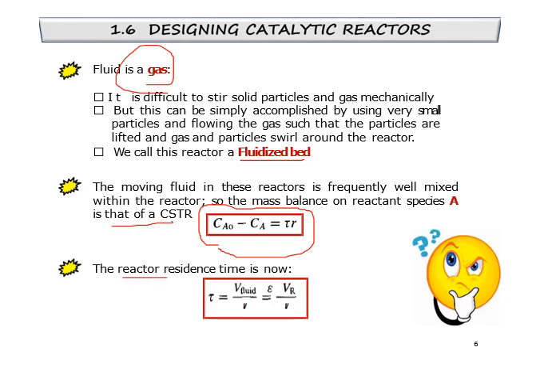And if you want to calculate residence time, it's the same as volume of fluid divided by kinematic velocity, and it is the same as epsilon times volume of reactor over kinematic velocity.